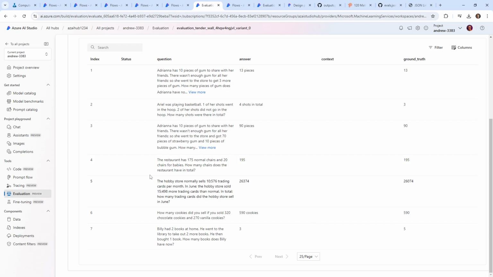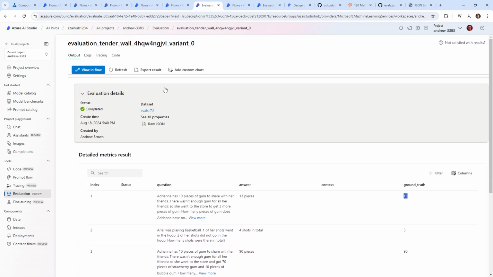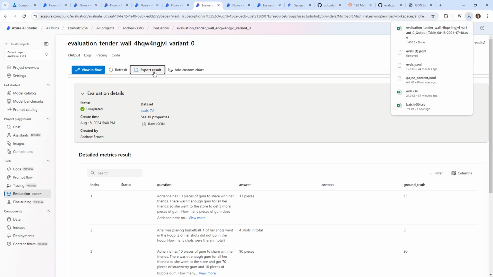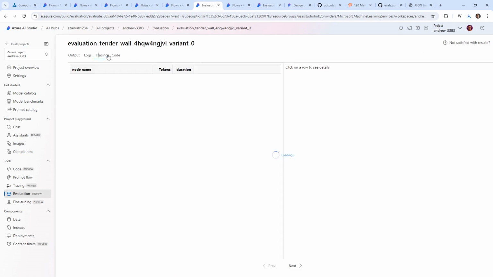Again, I'm expecting some kind of scoring or similarity here. Maybe ground truth is the value we're getting back because we didn't provide it a number for this, right? So I'm not exactly sure. Yeah, I'm not exactly sure what we're supposed to do with this.